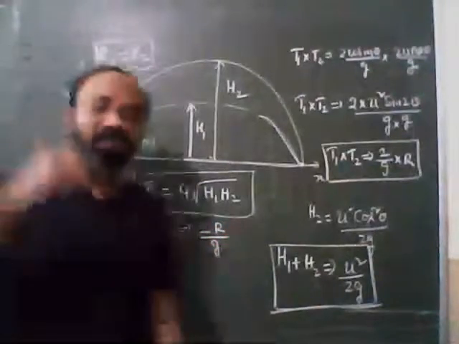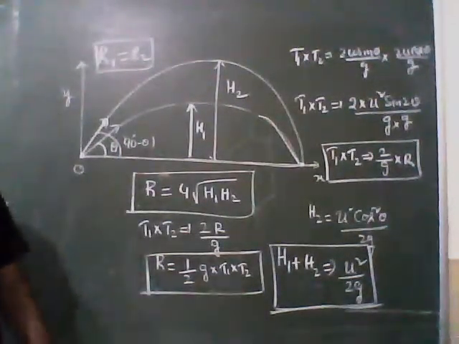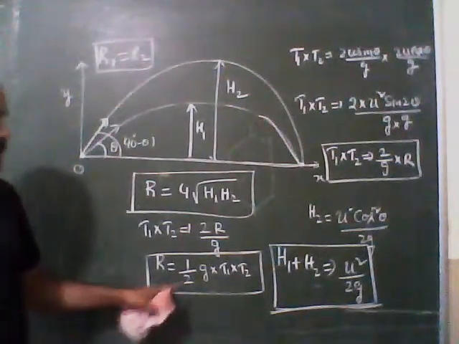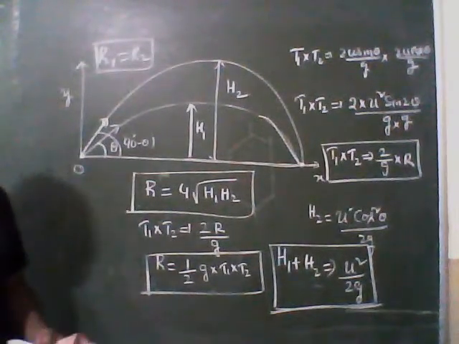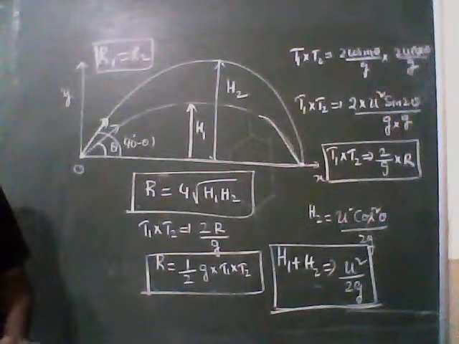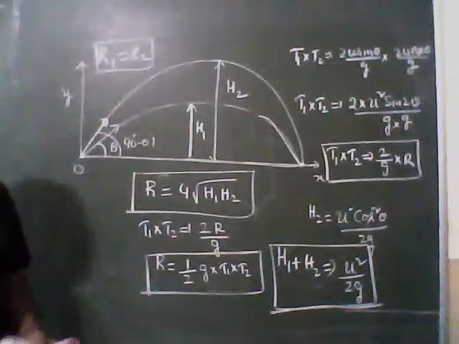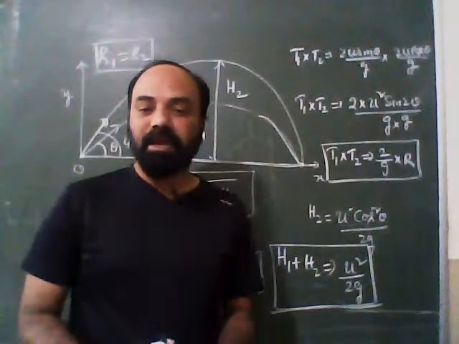Sometimes they will give time, so this 1 by 2 g T1 T2 is the formula we can write: one by 2 g T1 into T2. So these are the important relations while doing problems based on projectile and the complementary angle concept.